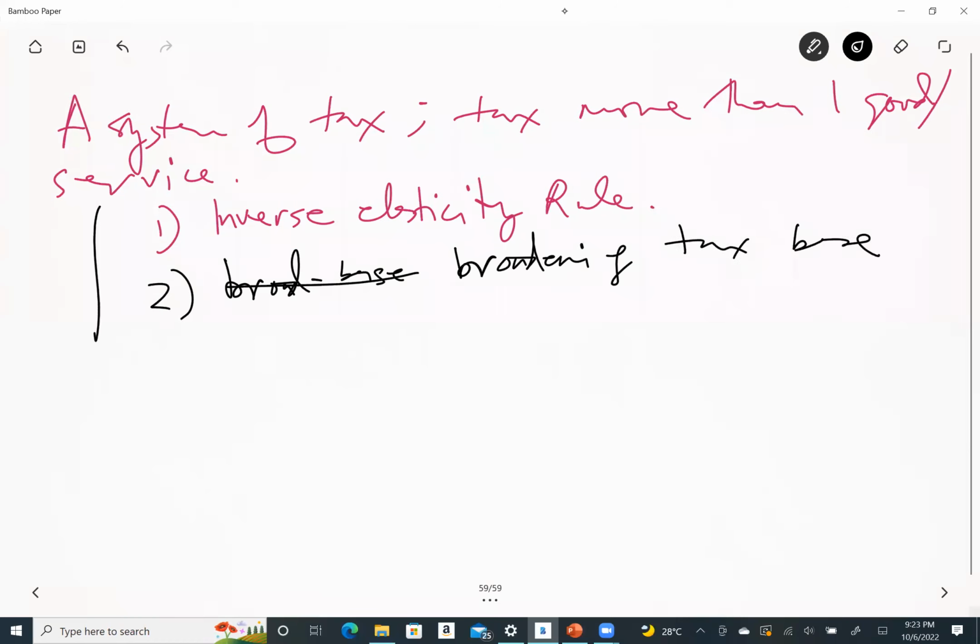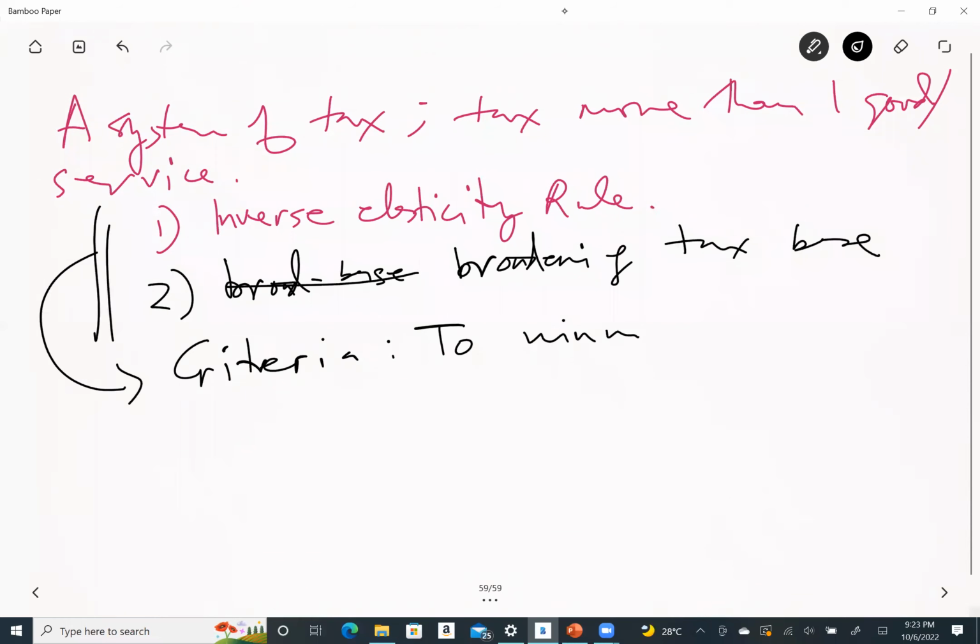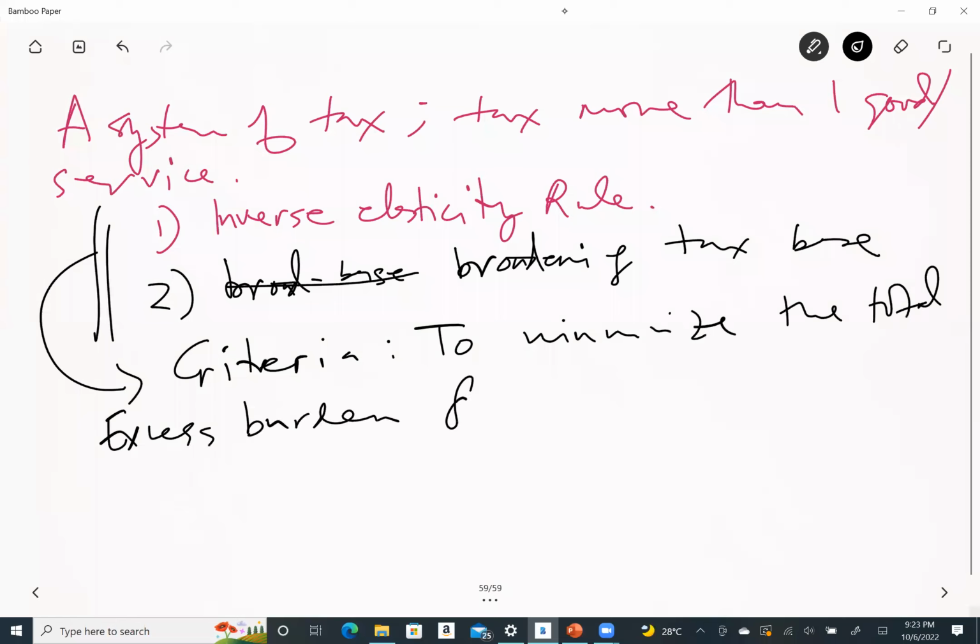Now, when you do the tax system, what is the criteria? The criteria of the government is to minimize the total excess burden from the tax system.